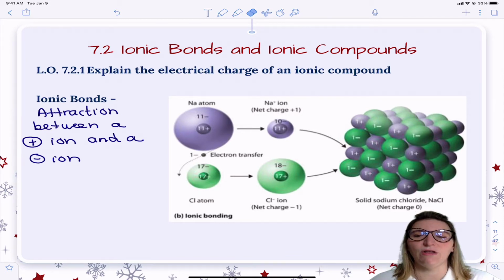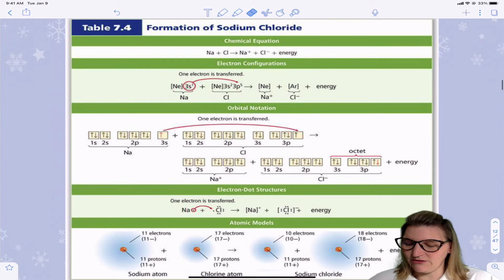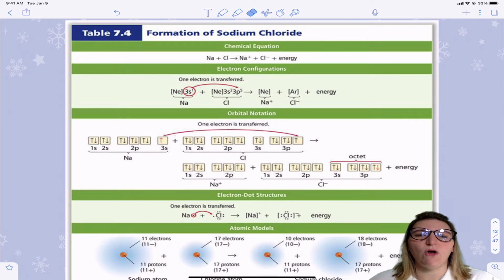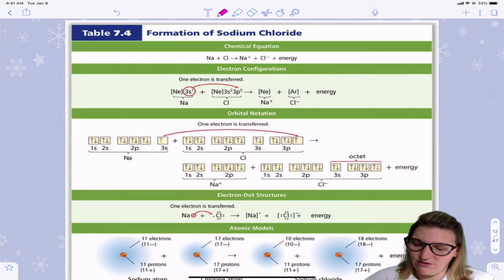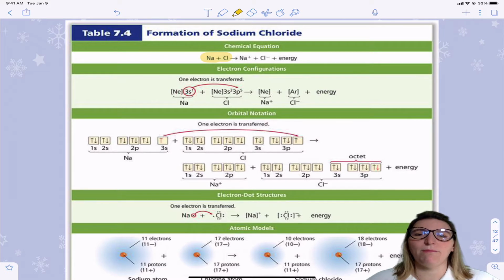The next graphic shows a whole bunch of different representations of forming an ionic compound, specifically sodium chloride. And as you can see just from the chemical equation, you have neutral sodium and chlorine, and then forming positive sodium and negative chloride.